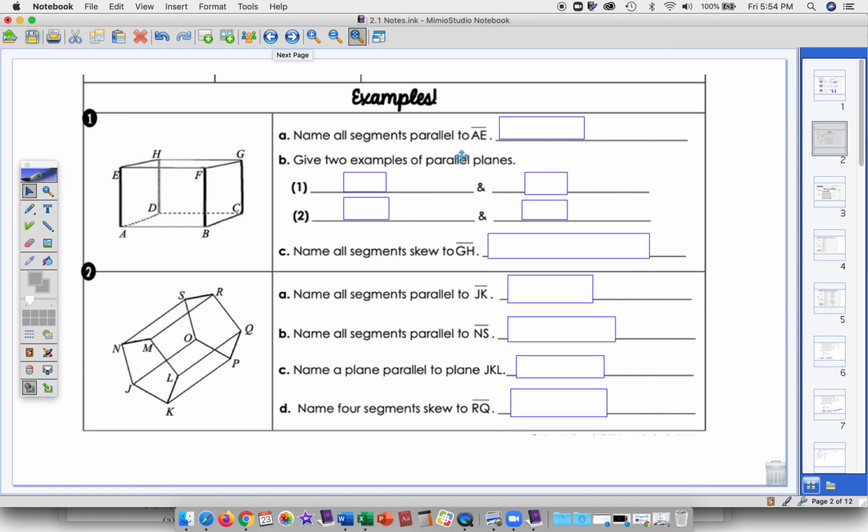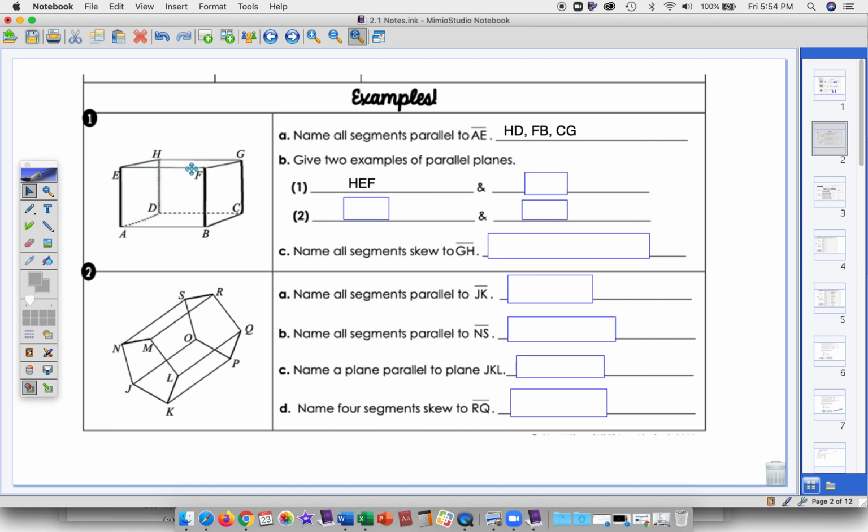Name all segments parallel to AE. So I've got HD, FB, and CG. Two examples of parallel planes. So let's see what I went with. There are multiple ways to name these, right? You can choose any three letters on the plane. So I have EHF.